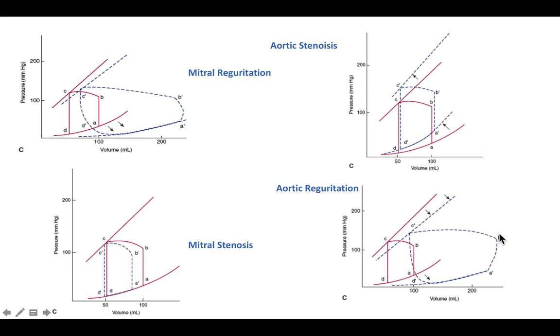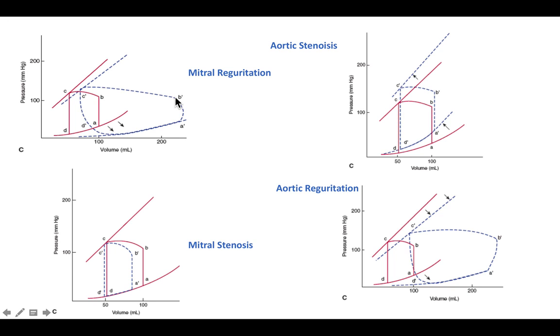In the case of aortic regurgitation, the same thing, ordinarily isovolumetric, but notice in this case you gain volume, and that's because blood is flowing from high pressure to low pressure. The pressure in the aorta is higher than the ventricle. Now the ventricular pressure is rising during isovolumetric contraction, but it's still lower than the aortic pressure. And so the blood is flowing from the aorta into the ventricle during this period instead of being isovolumetric. So you gain volume, and your volume is higher here rather than lower.